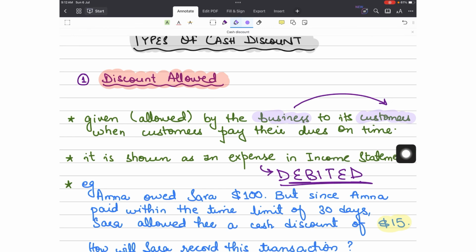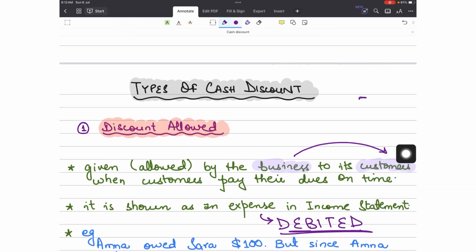Now if I am offering a discount, this means that, for instance, if I was supposed to receive 500, this was the invoice price. If I was supposed to receive $500 from my customers, but if I say that if you pay me early, I will give you $50 off, so you can pay me just $450. So am I receiving everything that I was supposed to receive?